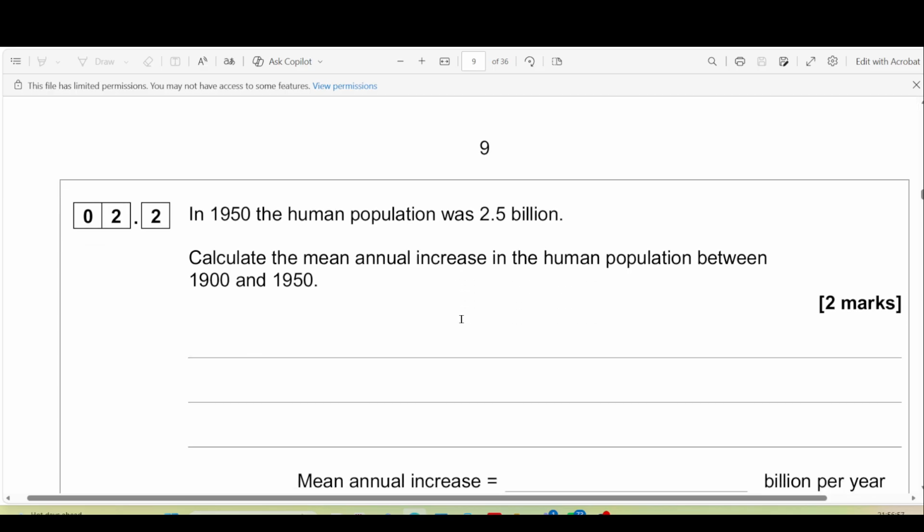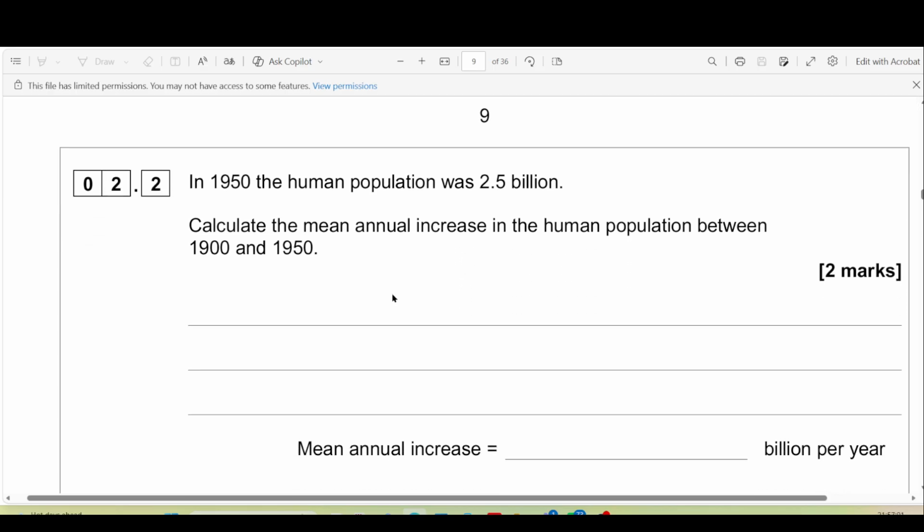Then 2.5 minus 1.6 equals 0.9. This increase is 0.9. So then for the mean annual increase, you divide by 50 years. The difference between 1900 and 1950 is 50. So divide that difference of 2.5 and 1.6 by 50, so 0.9 divided by 50.